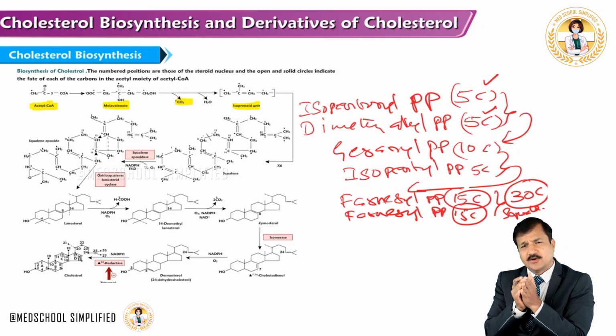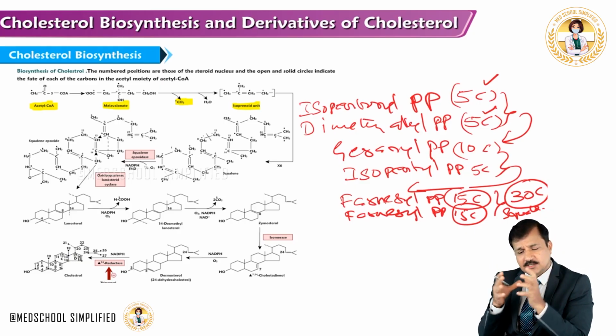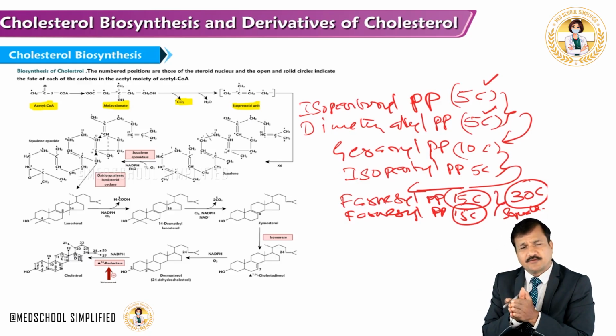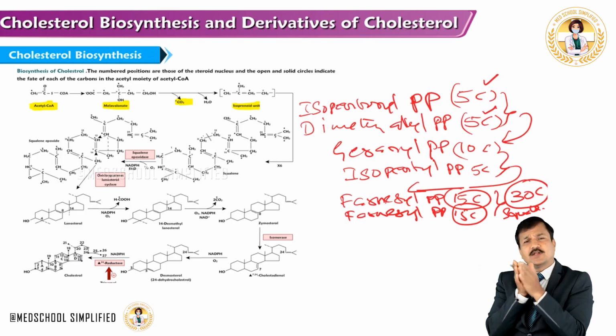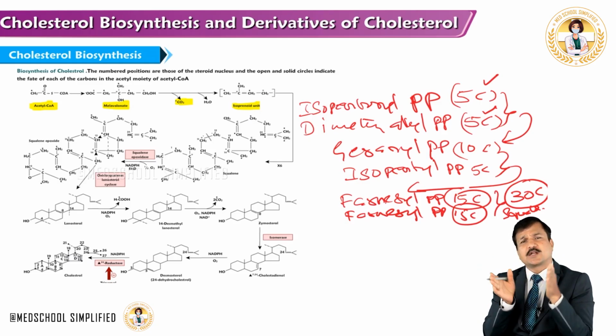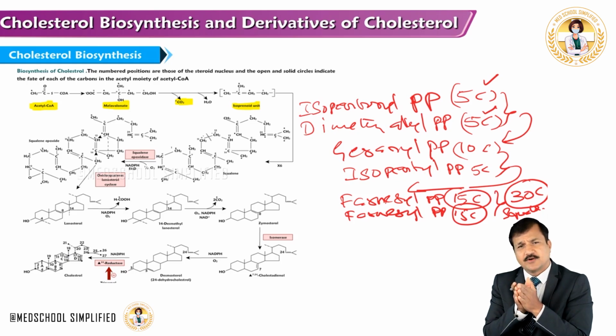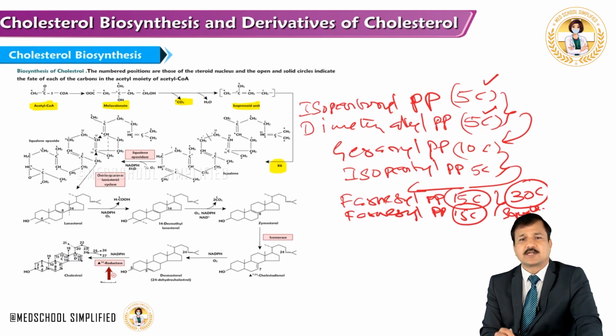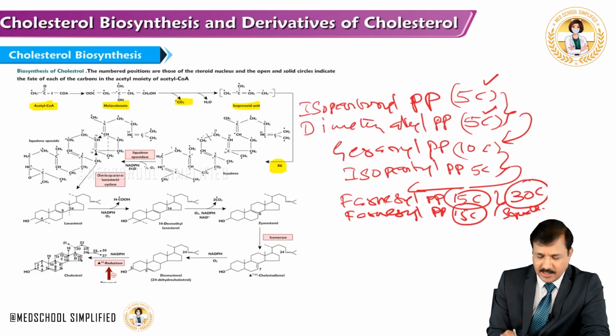So 2 isoprenoid units there, 1 isoprenoid unit is 5 carbon. And then geranyl pyrophosphate combining with an isopentenyl pyrophosphate making 15 carbon, that means 3 isoprenoid units by that time, and 15-carbon farnesyl pyrophosphate combining with one more farnesyl pyrophosphate making 30-carbon squalene. In total we have 6 isoprenoid units. So that is what is written here, 6 times 5, and we made a squalene.